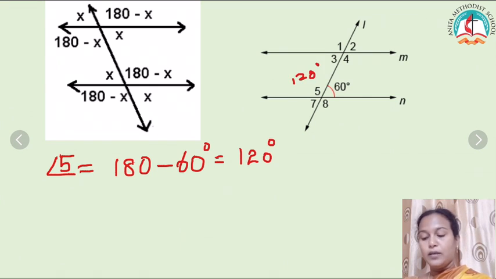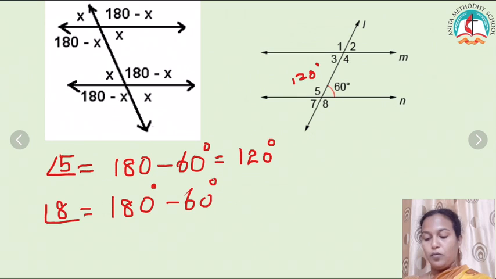Right? So now, if I take the line L, L is also a straight line, right? So this is 60, in the sense, what will be your angle 8? Yes. So angle 8 is equivalent to 180 minus 60. So that is also 120.